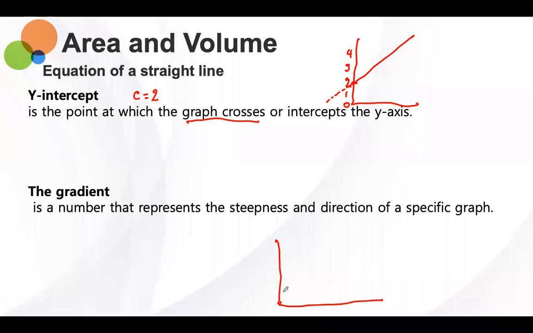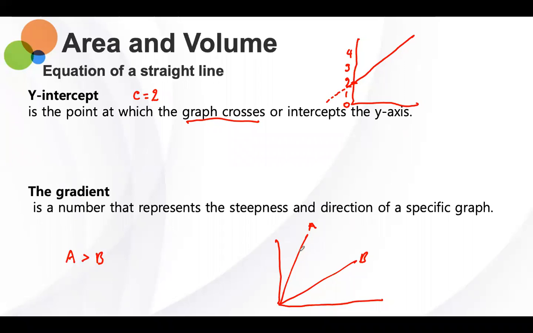So tell me, which one of these would have a higher gradient, A or B? A, thank you. A would have a higher gradient than B because it is much steeper.